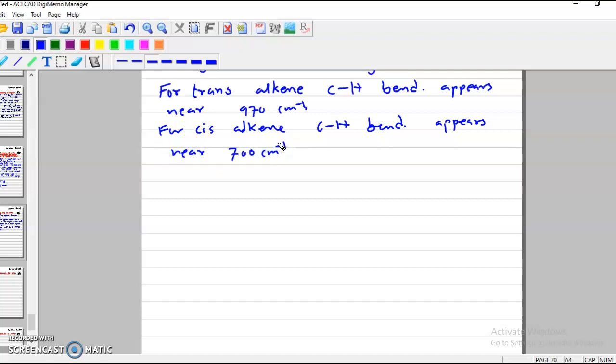So this way we can identify CH stretching as well as bending in alkene.